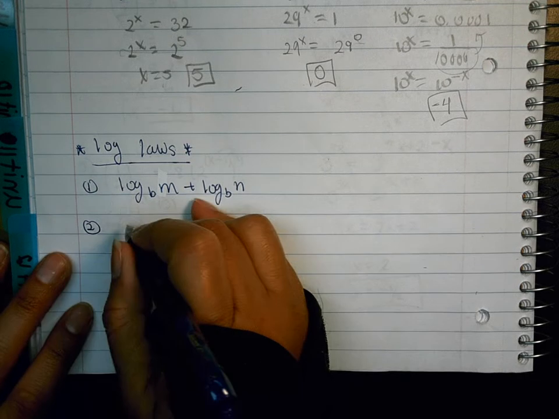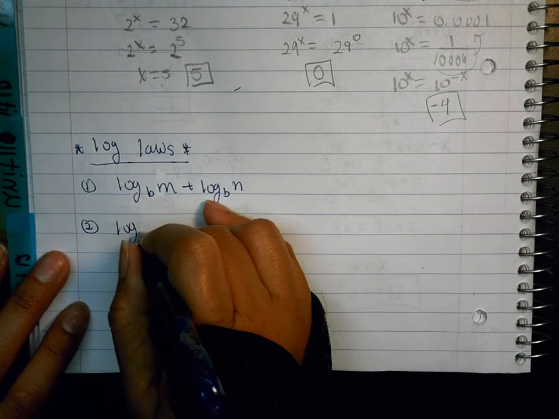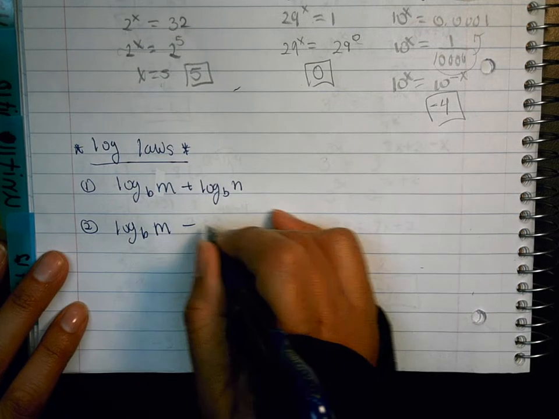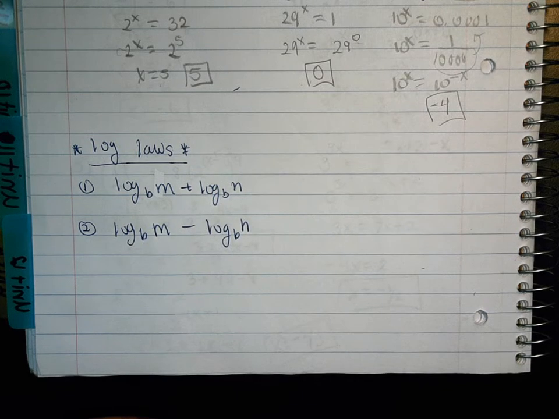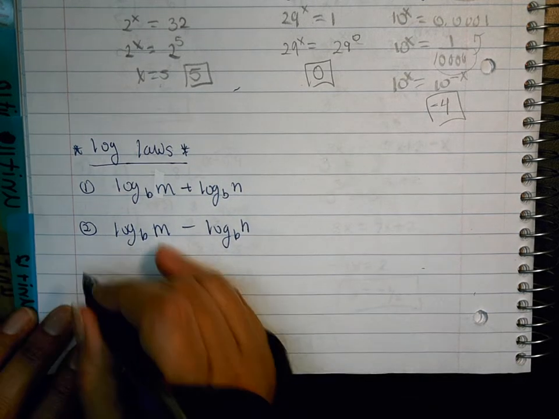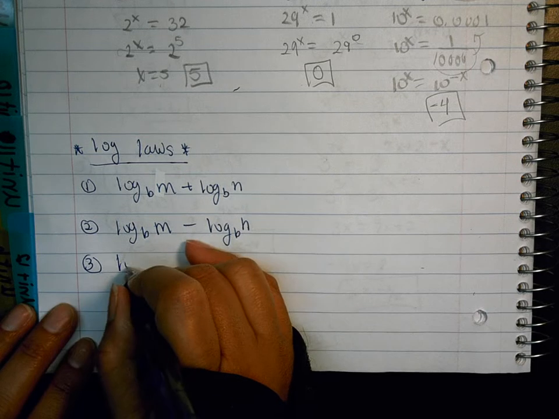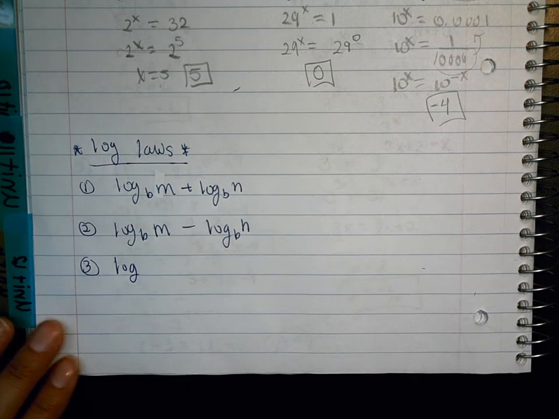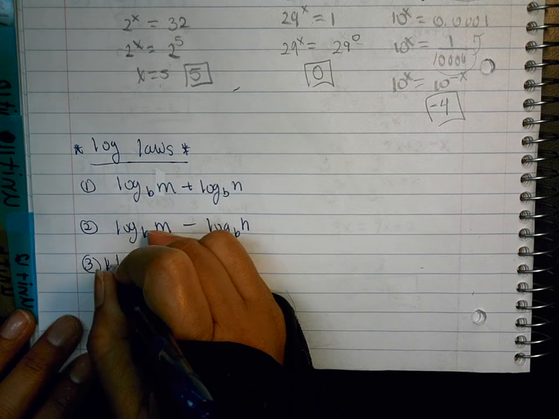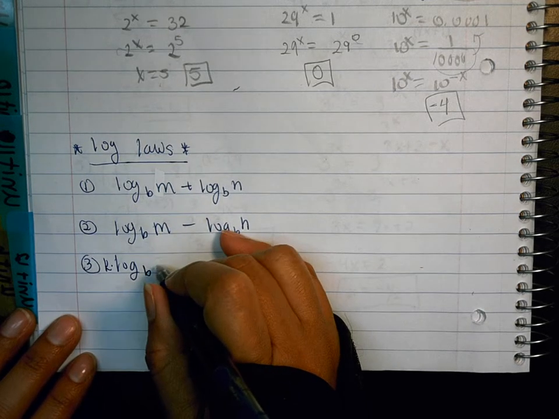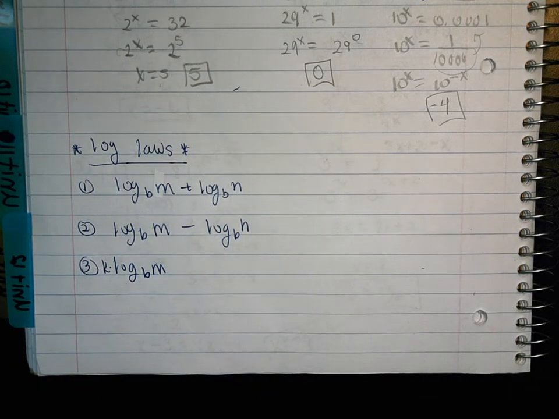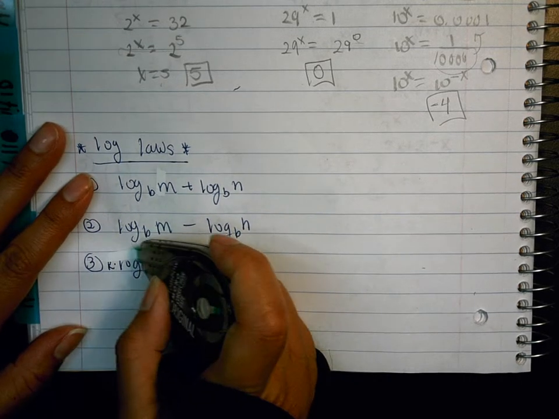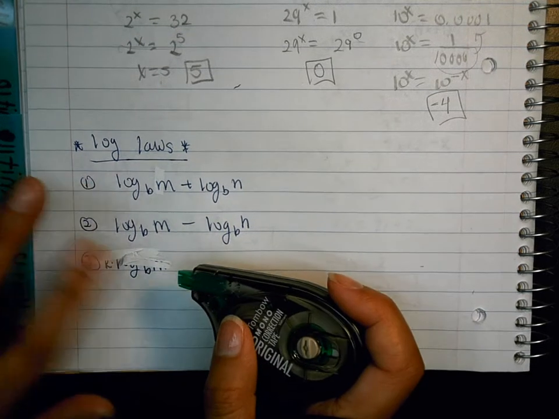Number 2, log base b of m minus log base b of n. And number 3, log base b of m with a k in front, k times log base b of m. I'm just going to rewrite it because it's a little crowded there. You do not have to rewrite yours.